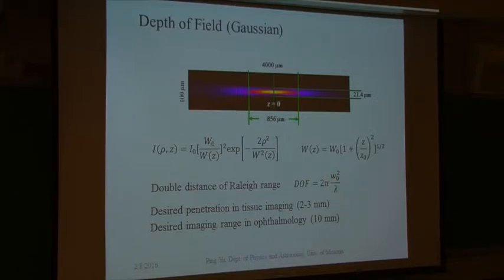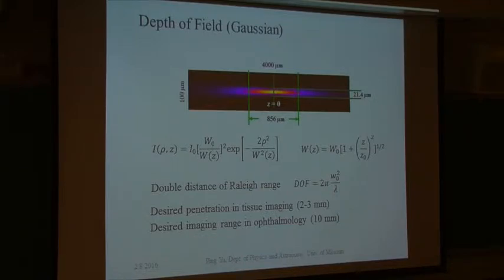Well, this depth of field is important in the confocal microscope, but it's a disadvantage in some kinds of imaging. For example, in optical coherence tomography, we would like to have a larger depth of field to get a clear image along the axis. So I will come back to this a little bit later.